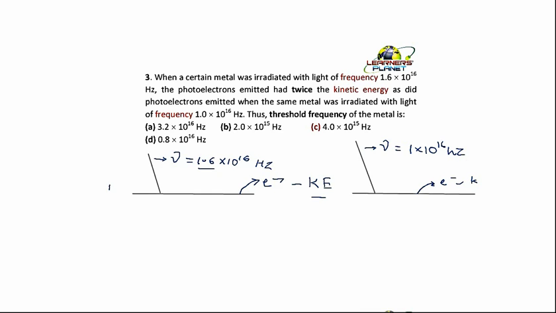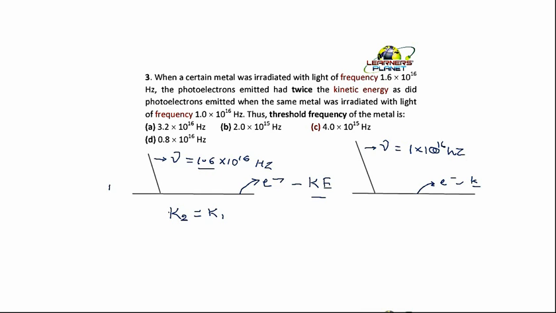Now what we can take is that the kinetic energy with frequency 1.6 is double the kinetic energy of the first one. So we can say that kinetic energy 2 is equal to twice kinetic energy 1, or K2 is equal to 2K1.